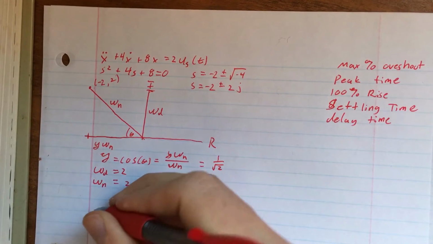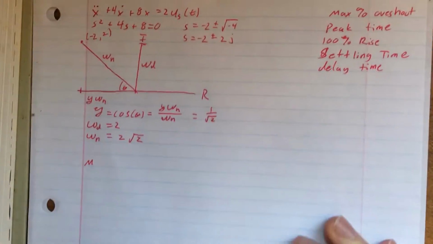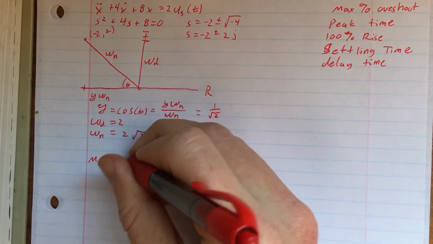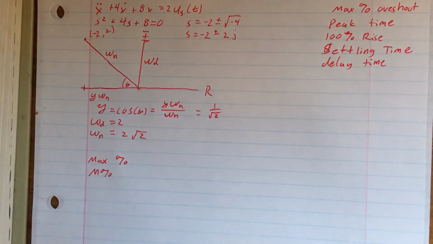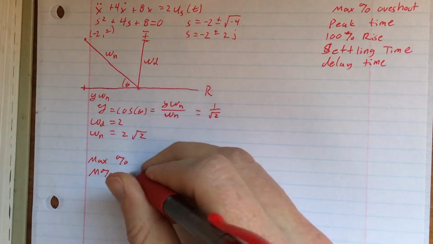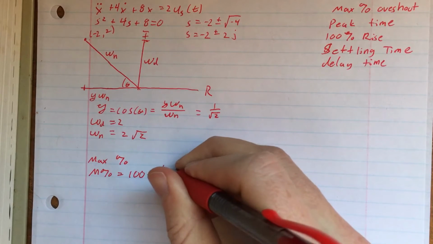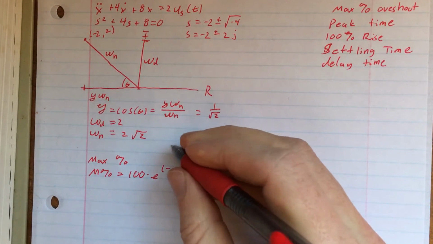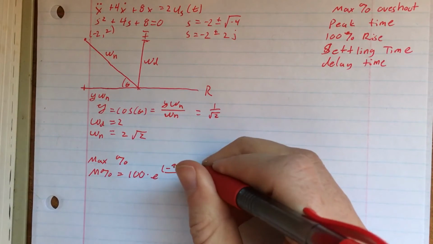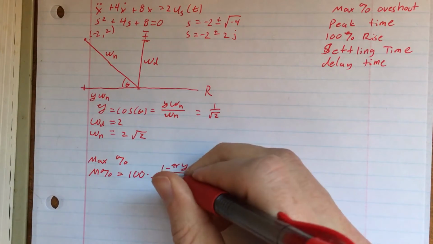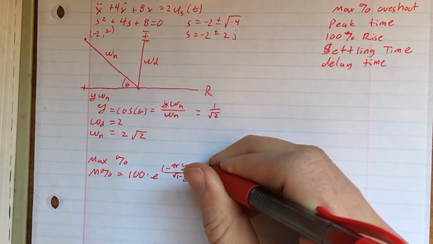So then, first we're going to solve for the max percentage overshoot. Mp percentage is the notation for that, and we're given that it's equal to 100 times e to the negative pi zeta over the square root of 1 minus zeta squared.